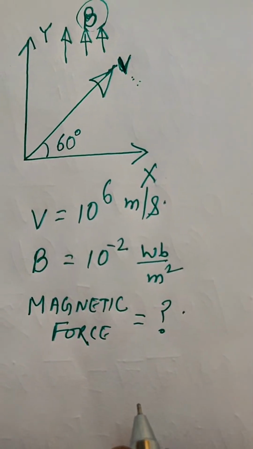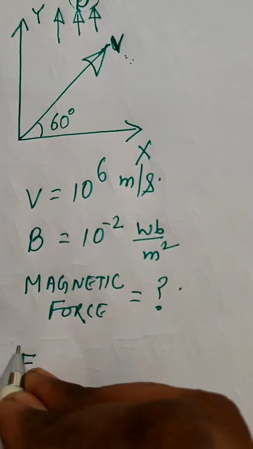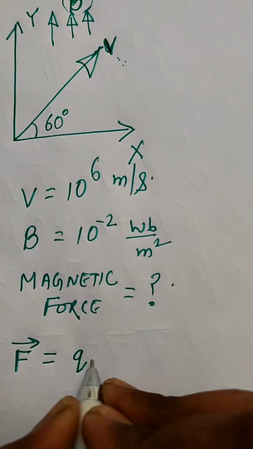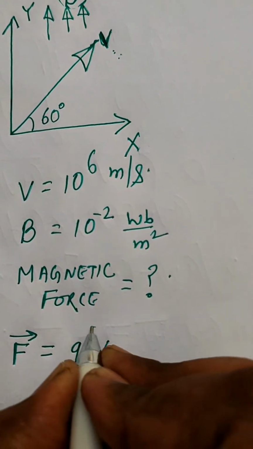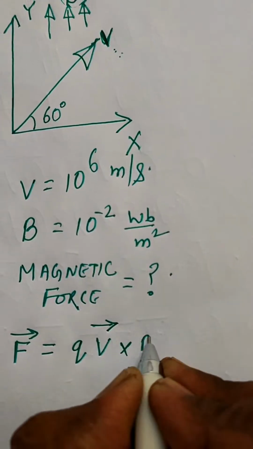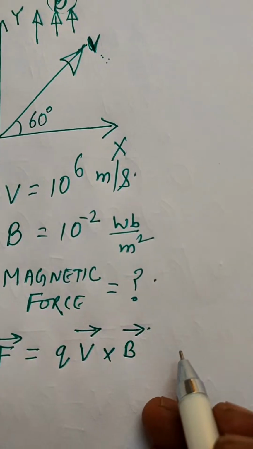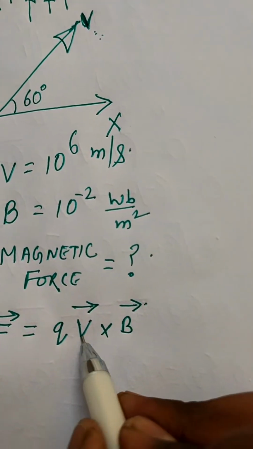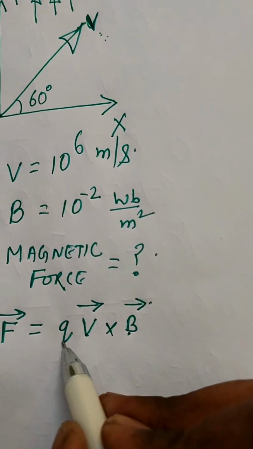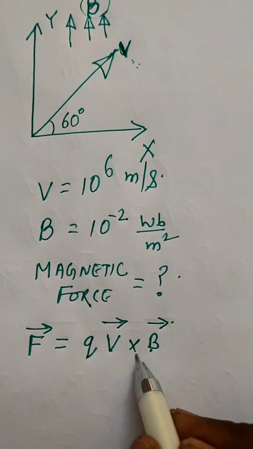Now students, just do one thing. We know the relation: the force exerted due to any magnetic field on a charged object is F equal to Q V cross B, where V is the velocity vector, B is the magnetic field, and Q is the charge of that electron.